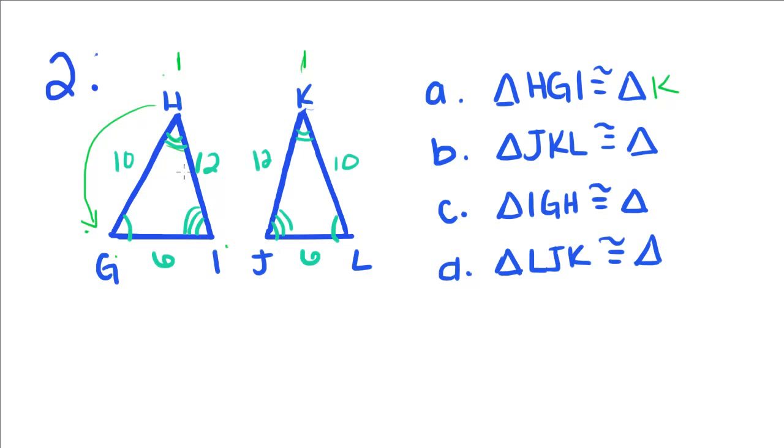So I need to do the same thing on this triangle. I need to go to the 10-inch side and go to L, which makes sense because angle G and angle L are congruent. And finally, I went from G to I, so I have to go down this 6-inch side on the other one as well and go J, which makes sense because J and angle I are congruent.